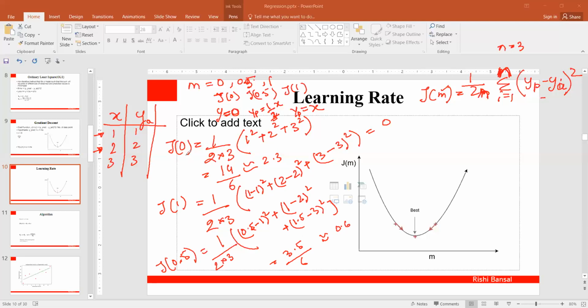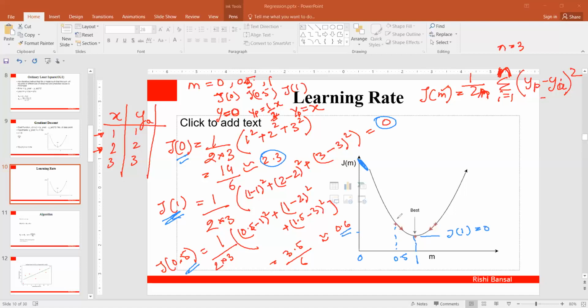So J0 value came 0. J1 came how much? No, J0 is 2.3. J1 is 0 and J0.5 is 0.6. So this is 1, this is 0.5, and maybe this is 0. So here J of 1 came 0, so this is touching the line actually.